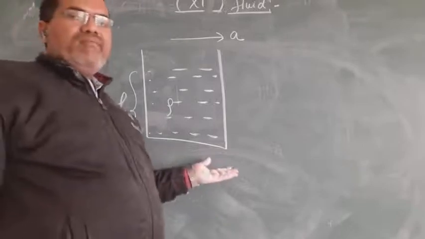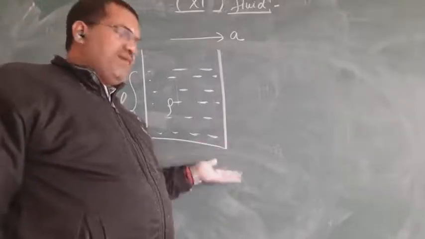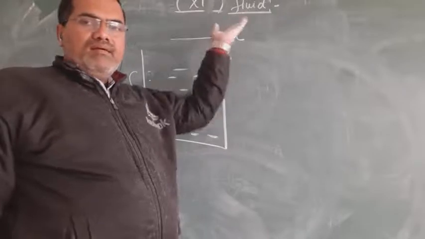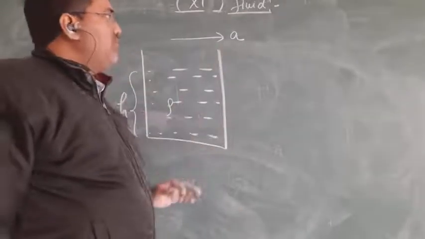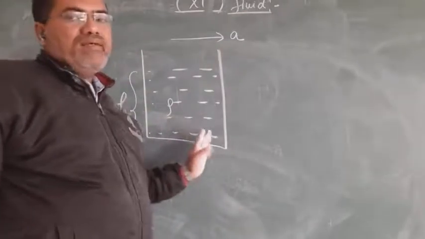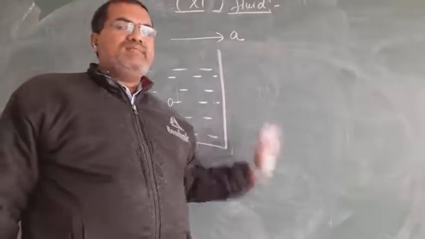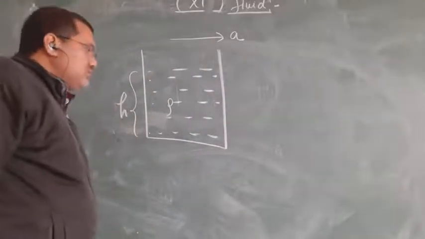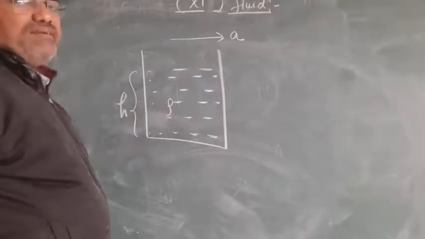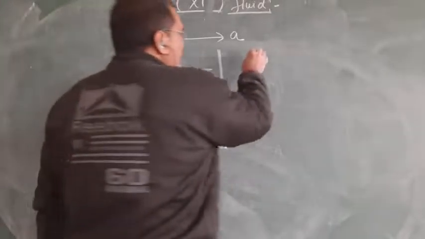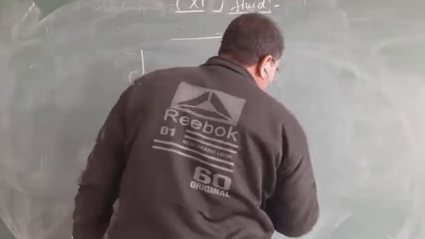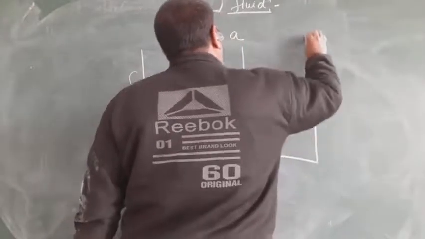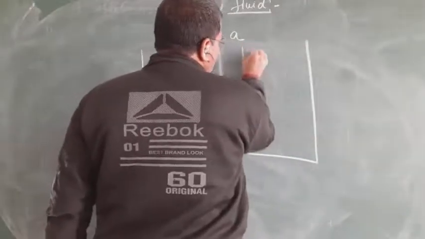We have seen what happens when the container is accelerated in the vertical direction. Now we will see when the container is moving with acceleration in the horizontal direction. You can imagine that the new diagram of the liquid becomes like that.